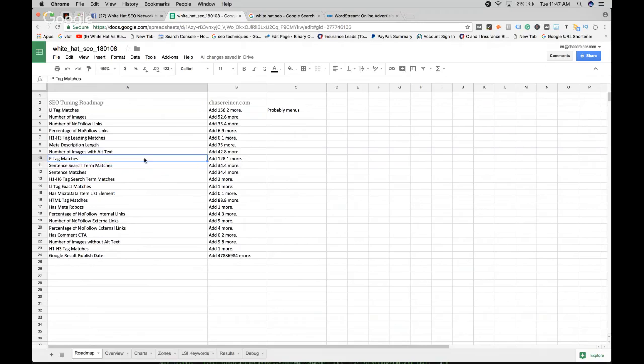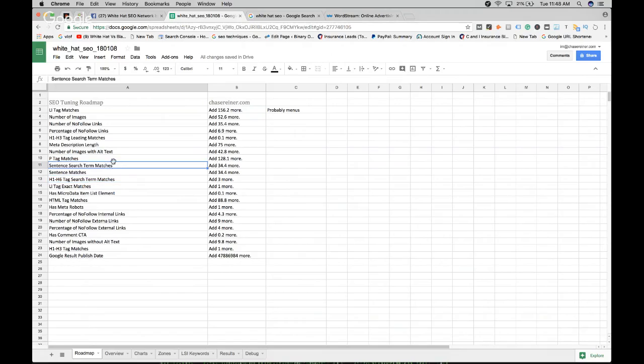If it is already in paragraph tags, then it's telling you you need to use more of your match words in your content, in those paragraph tags specifically. And this doesn't have to do with the LSI variations, just the main match words? Yep.